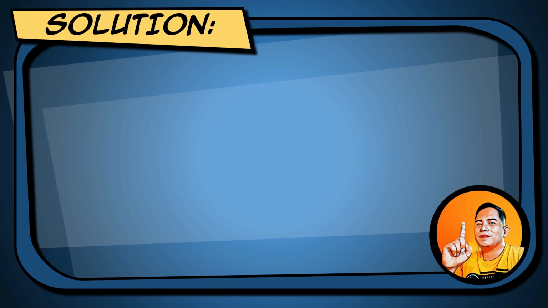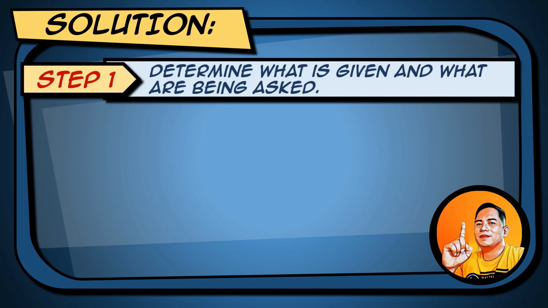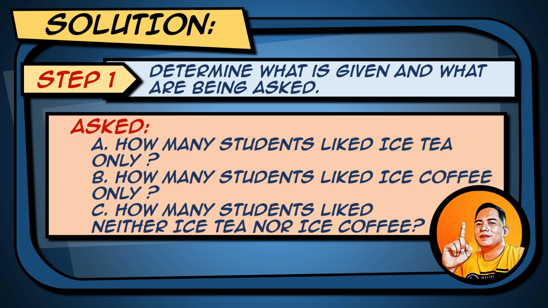Let's now solve the given problem. So the first step is determine what is given and what is being asked. So what is being asked? Letter A, how many students like iced tea only? Letter B, how many students like iced coffee only? And letter C, how many students like neither iced tea nor iced coffee?